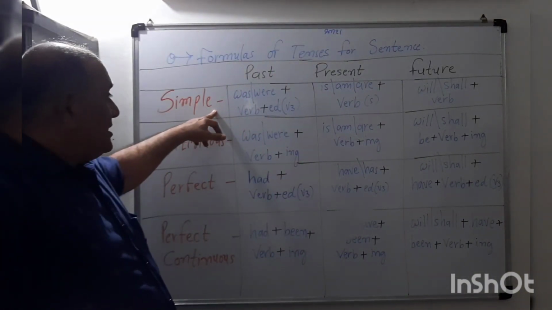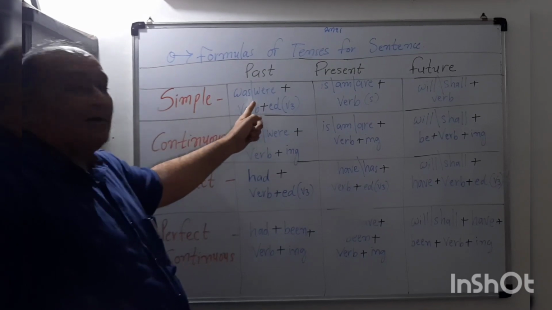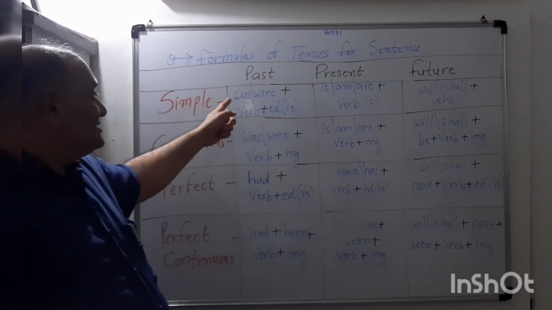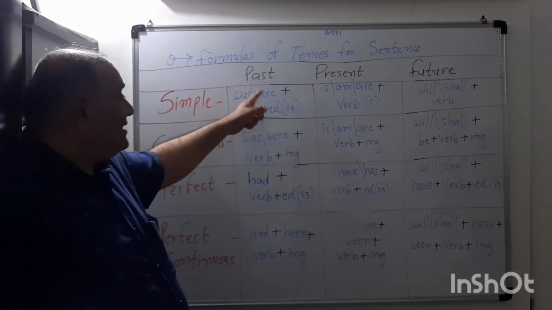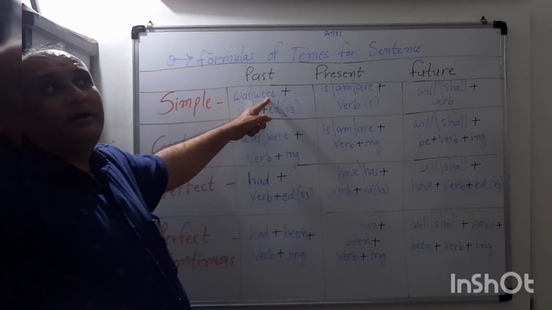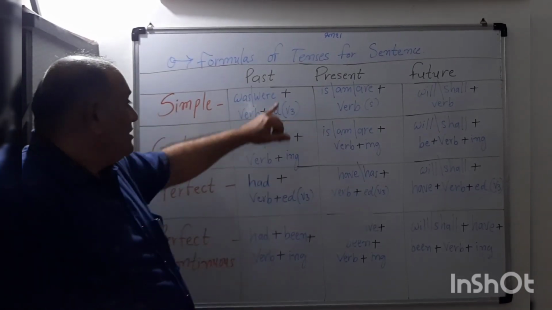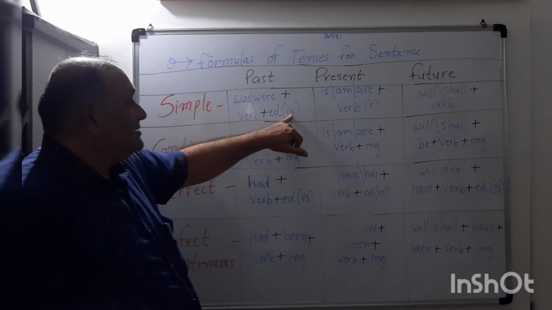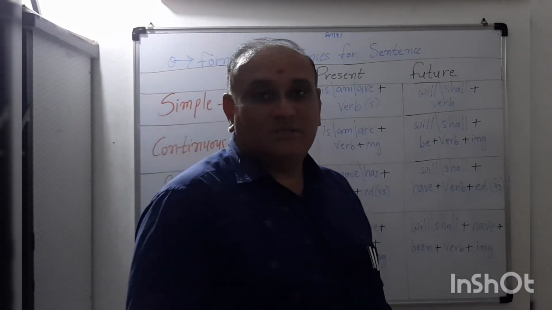So for the simple past tense, was or were: if there is something singular, it is described with was, and something plural should be described with were. Plus verb plus ed, that is v3. You all know about v1, v2 and v3 verbs.